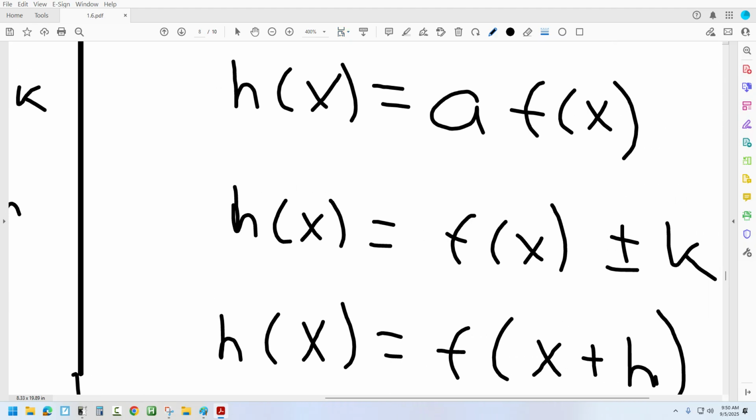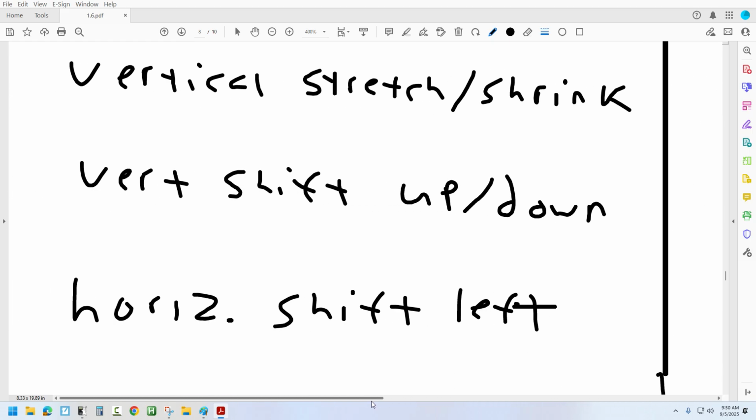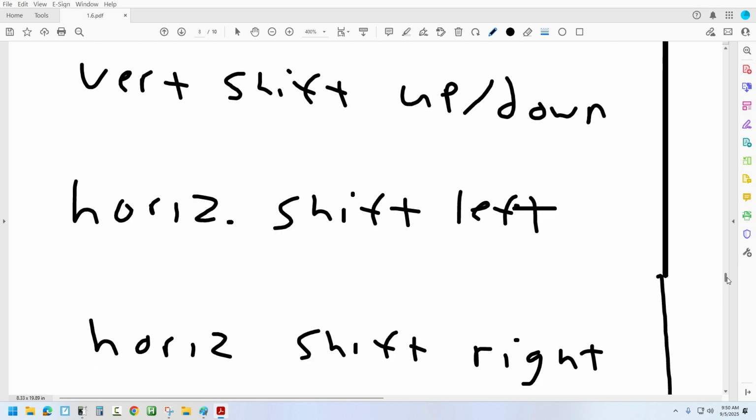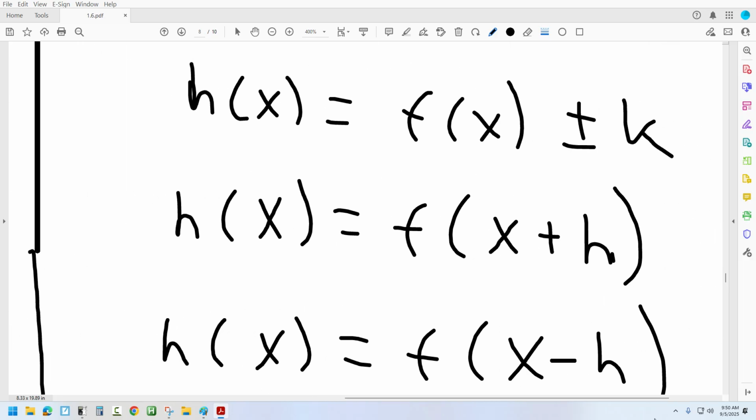If you add a number on the inside of the function, it will shift it to the left. How do you shift it to the right? Marcelo? Subtraction. Yep, where? Inside. Subtraction on the inside. Yep. Subtracting on the inside of a function will shift it right.